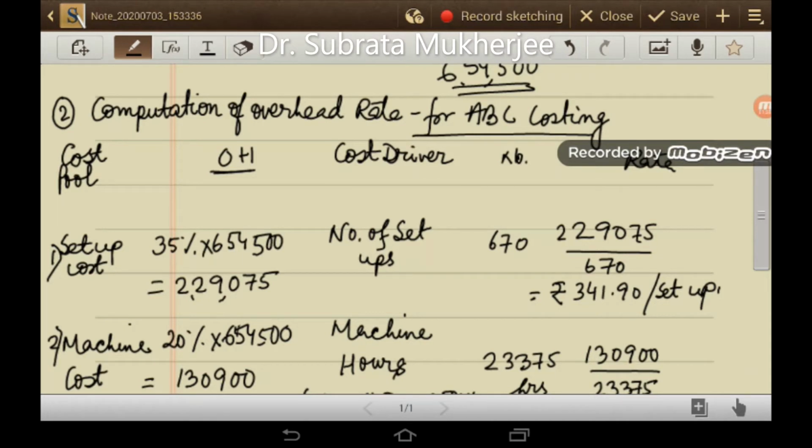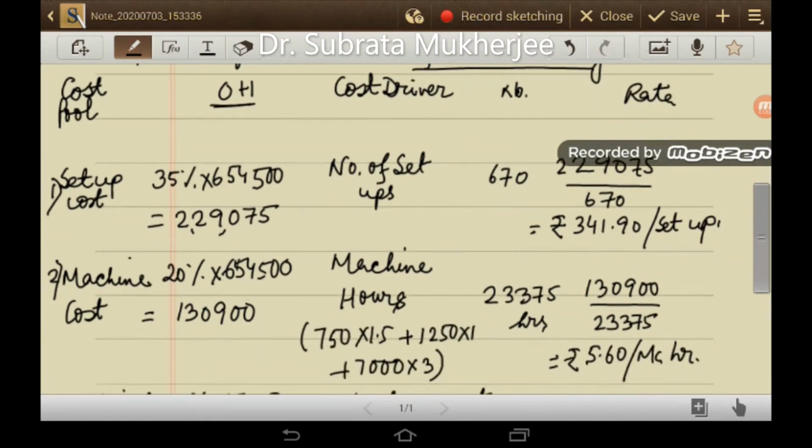So the rate of setup will be 2,29,075 divided by 670 setups, which is rupees 341.90 per setup.